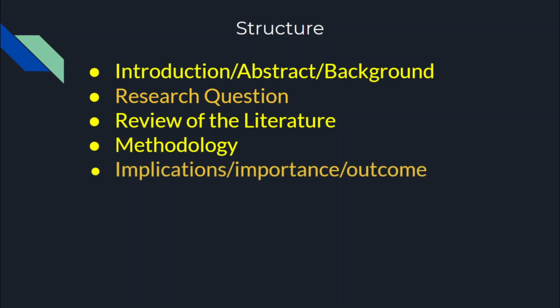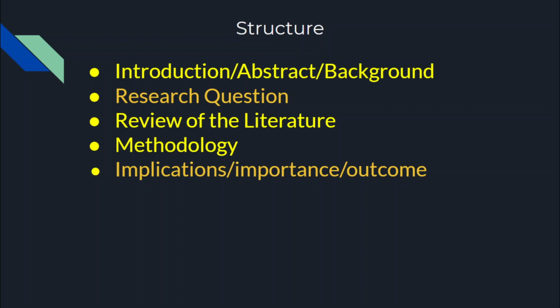The following point is the implications, the importance, the outcome of your research. This is the why. So in the first parts, the research question, you have a research question about a certain issue, the what; review of the literature, what other people have said about the issue; methodology is the how; the implications, the importance, the outcome.